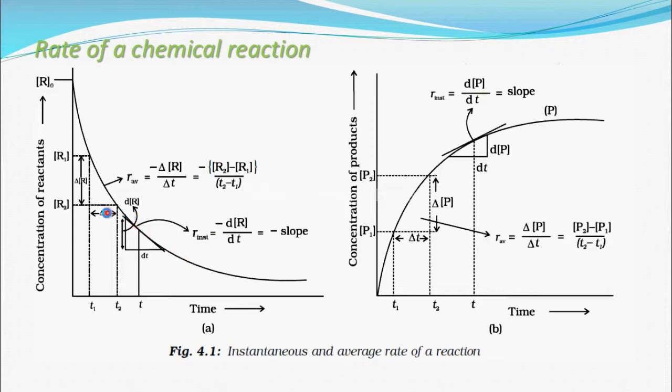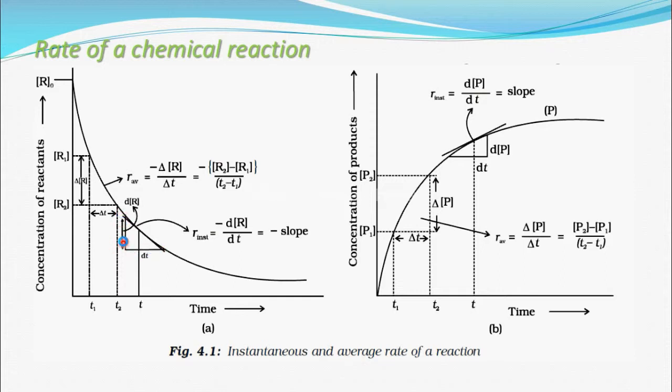How do you calculate the slope for this tangent? For that you have to draw a right angle triangle like this, and slope will be given by this distance divided by this distance.